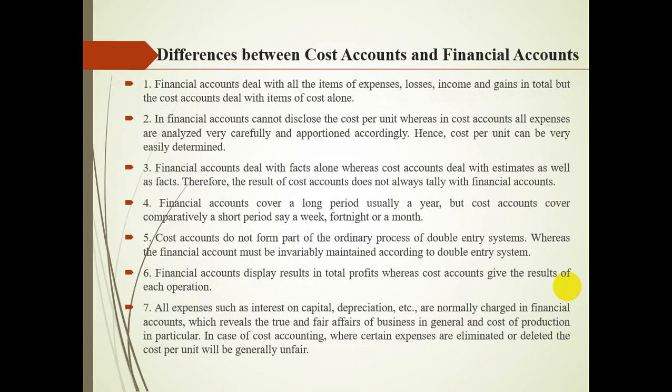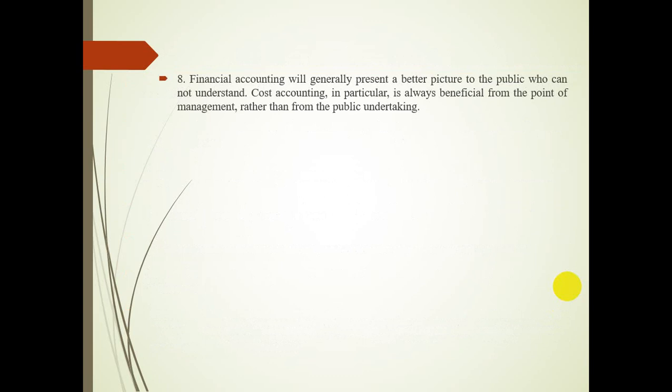In financial accounting, you cannot decrease that, because interest is fixed, capital is fixed, depreciation is there, so we cannot minimize it. It should be written through the statements that we have, but we cannot keep it less. But in cost accounting, we can eliminate certain costs, we can delete certain costs, which is important for the organization.